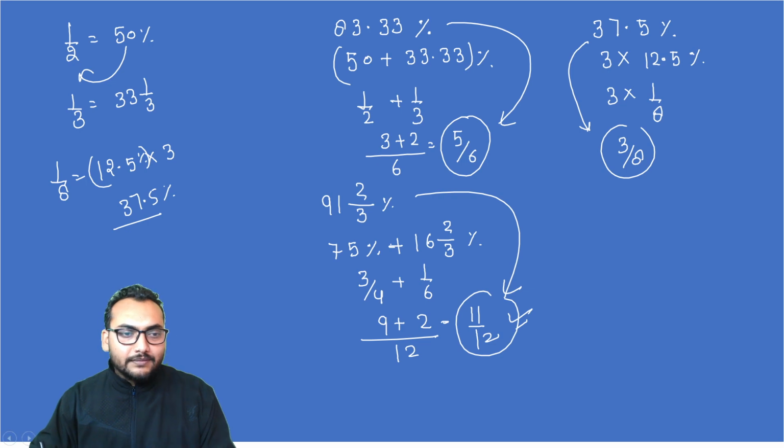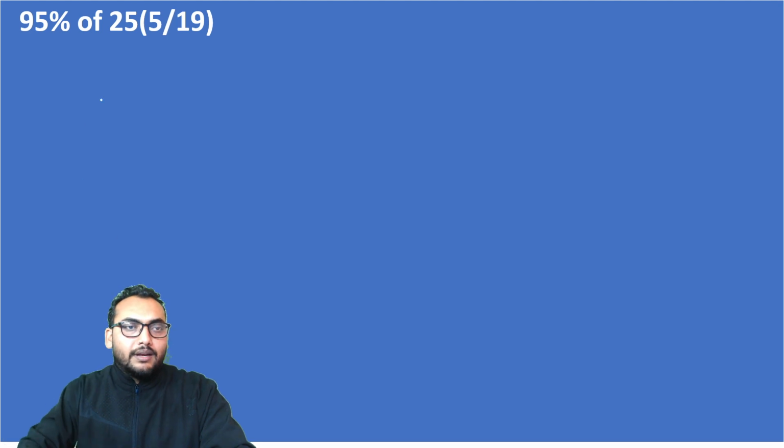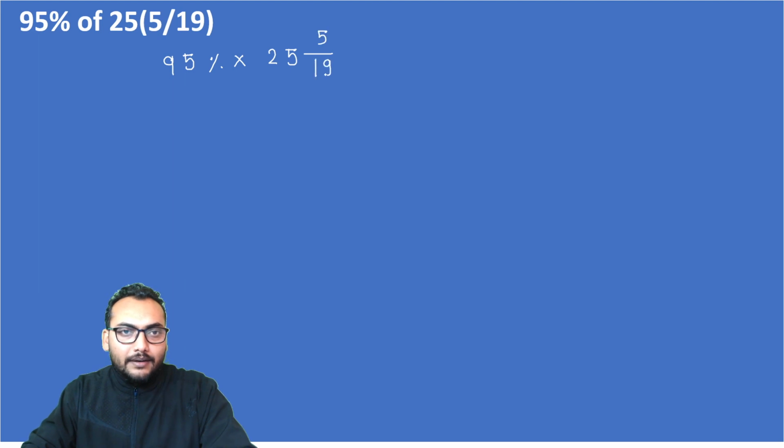Okay, now I'm going to solve some questions. Let us suppose I want to solve this question: 95% of 25 whole 5 by 19. How can I do this? 95% of means multiplication, and 25 whole 5 by 19.